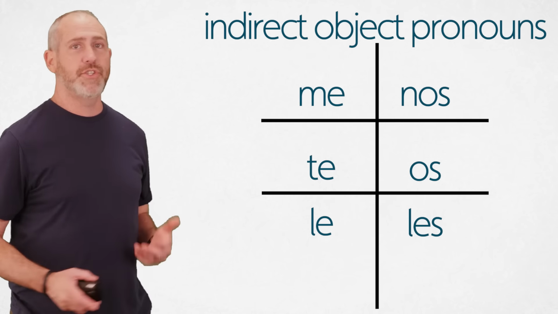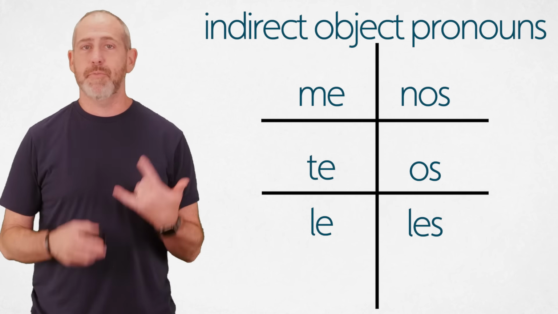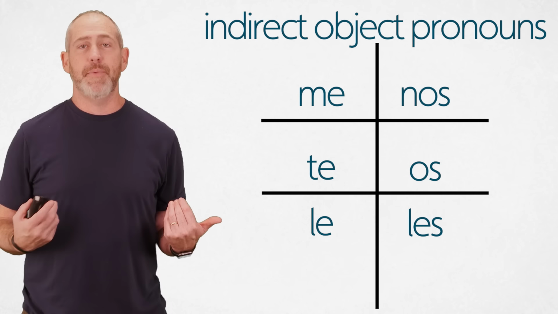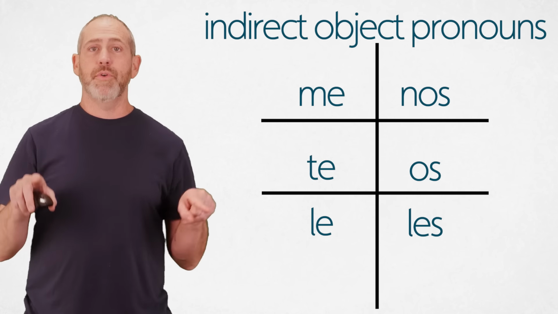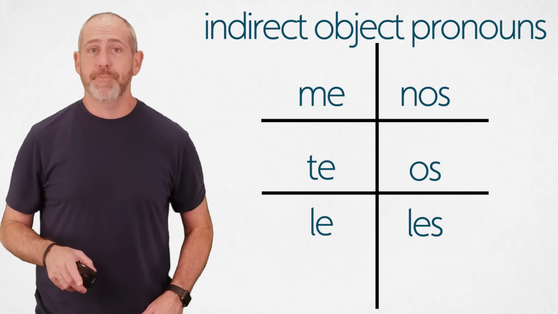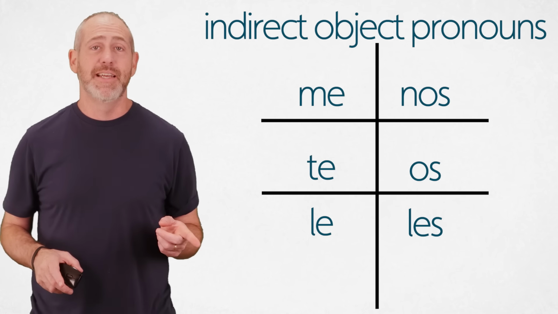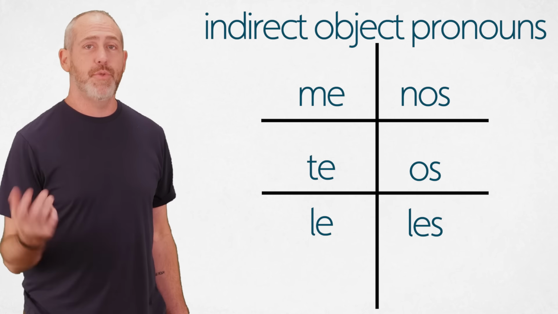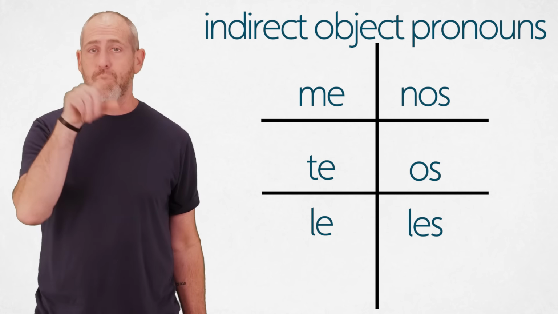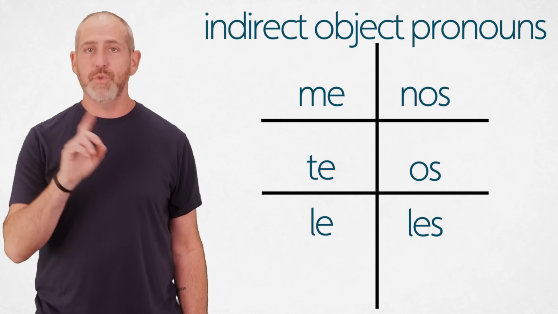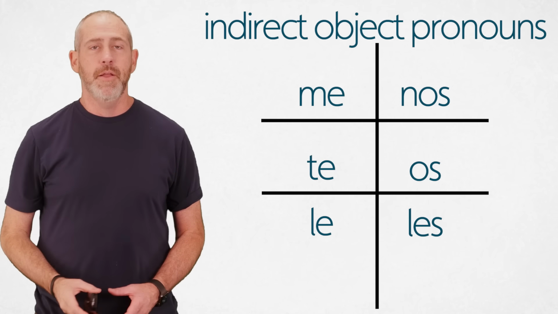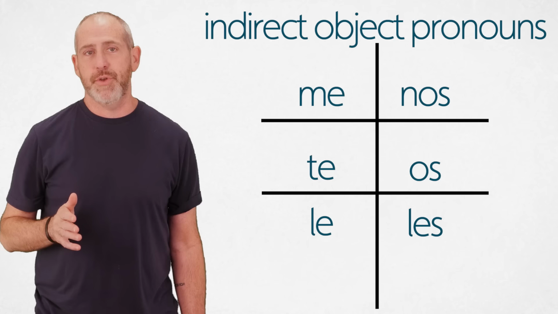If it's done to him, to her, or to you respectfully, it's going to be le. If it's done to us, it's going to be nos. If it's done to you, plural, in Spain form, it's going to be os. I'm going to use les to express something is done to them or to you, plural, that universal form, the ustedes form. So those are what indirect object pronouns do.